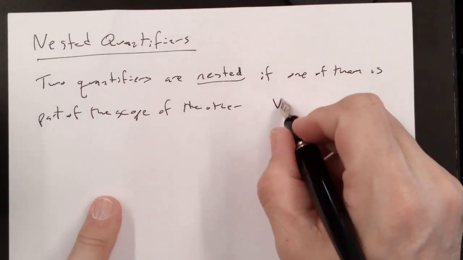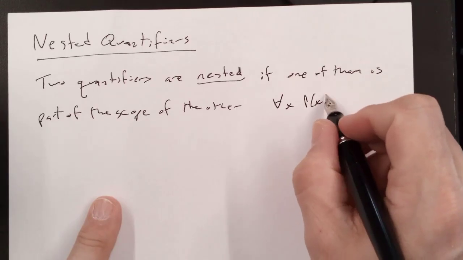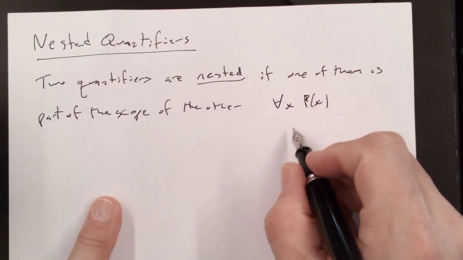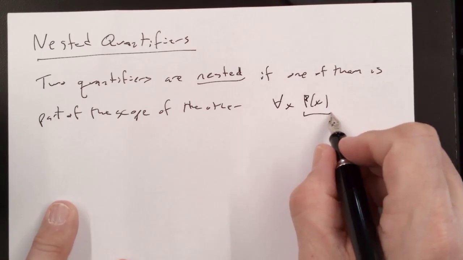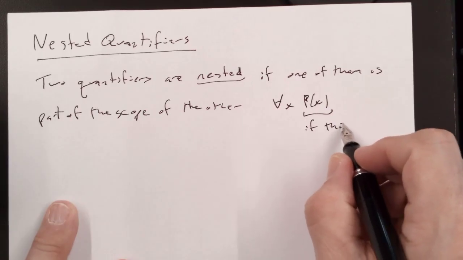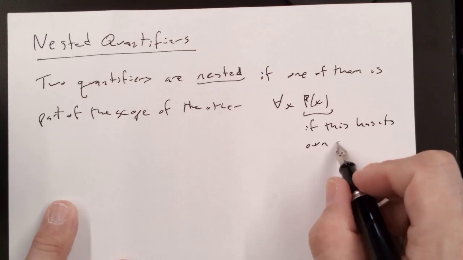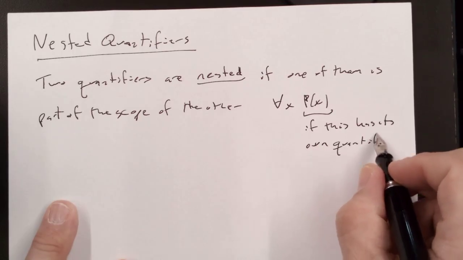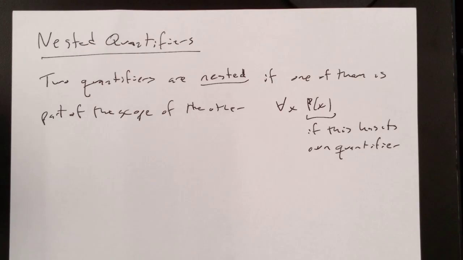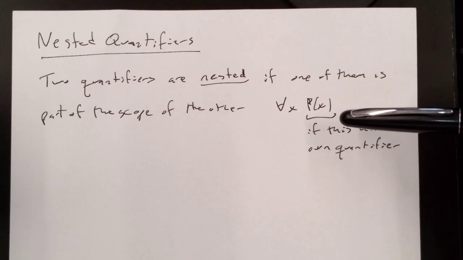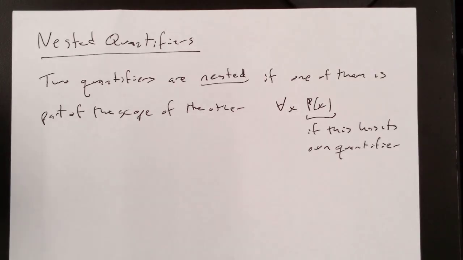So for all x, p of x, if this has its own quantifier, then the quantifier inside p of x is nested in the quantifier for all x. An example.